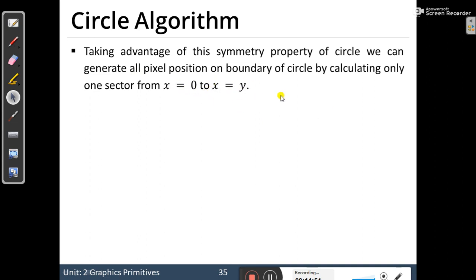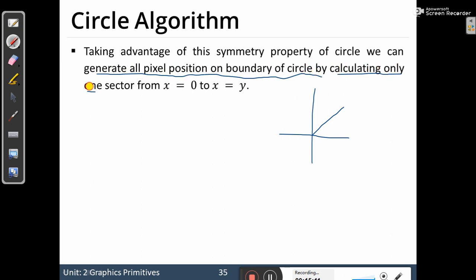X equal to y means the line which is intersecting this octant where x and y are equal. So we are just calculating this much, then we can generate the whole circle.